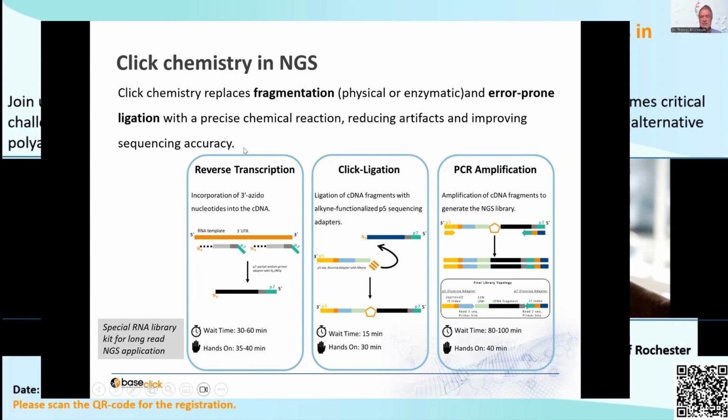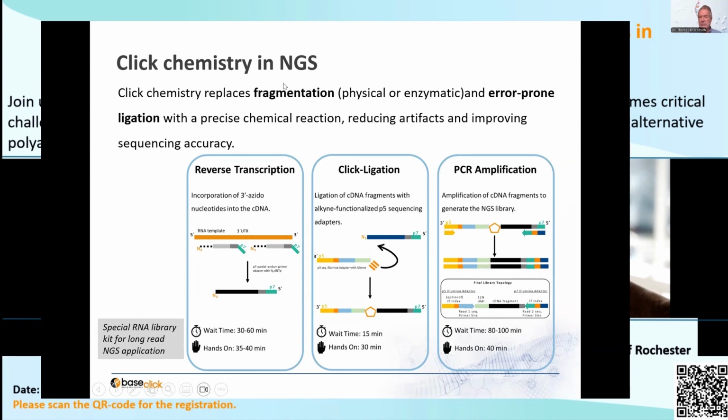Basically, what is done here is you introduce a clickable group at the 5' end in reverse transcription. At the end of the day, this is again oligomeric cDNA, and you can click an oligo for PCR amplification onto this clickable group as depicted here.